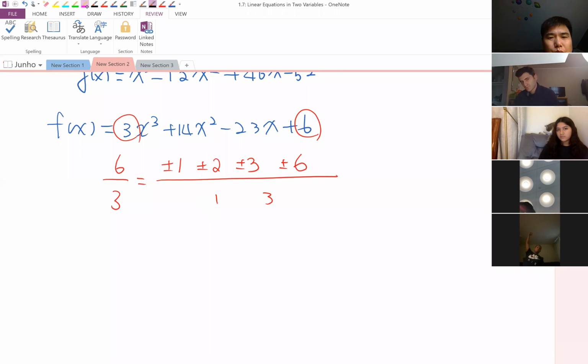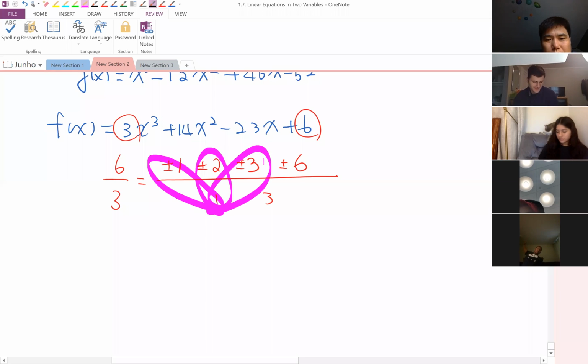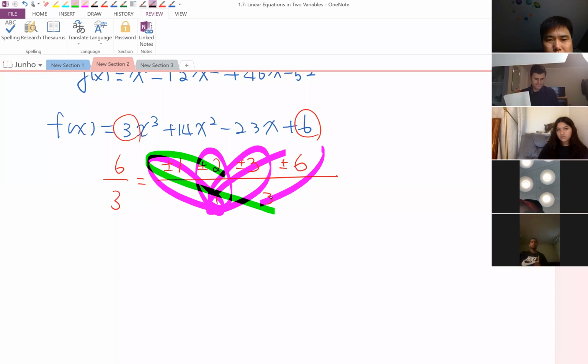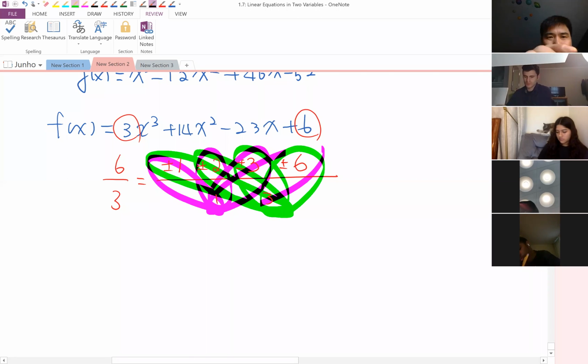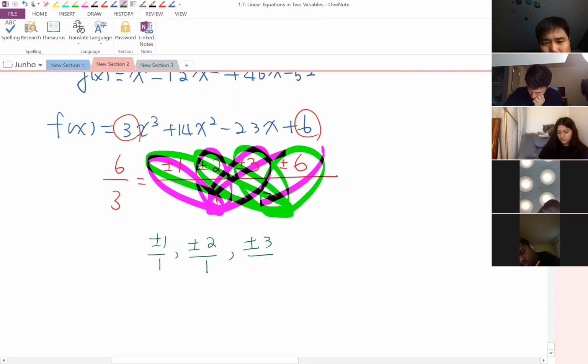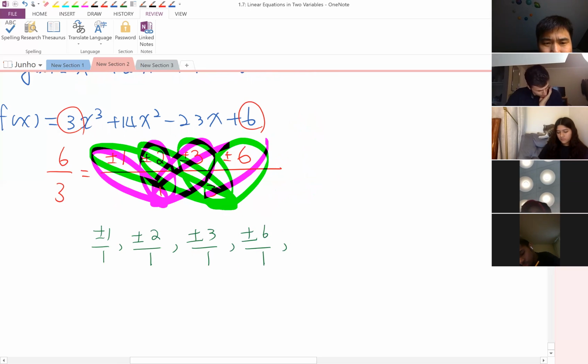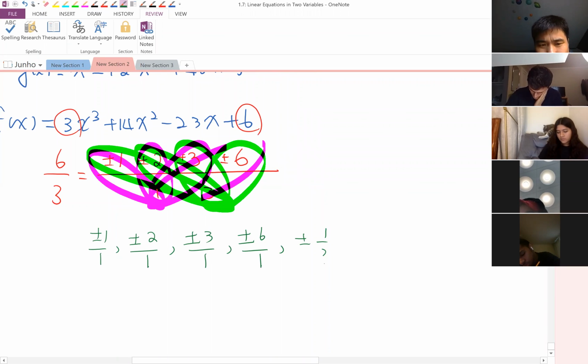Now we combine all this, then we can find the possible zeros. If I list them, they become plus and minus 1 over 1, plus and minus 2 over 1, plus and minus 3 over 1, plus and minus 6 over 1, and then plus and minus 1 over 3, plus and minus 2 over 3, plus and minus 3 over 3, and plus and minus 6 over 3.